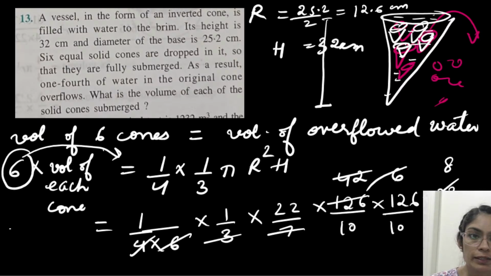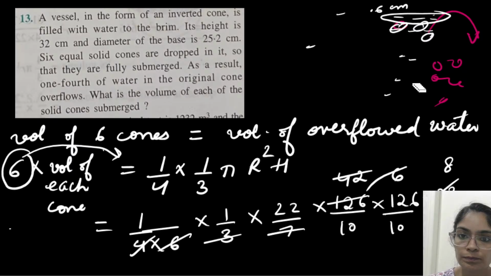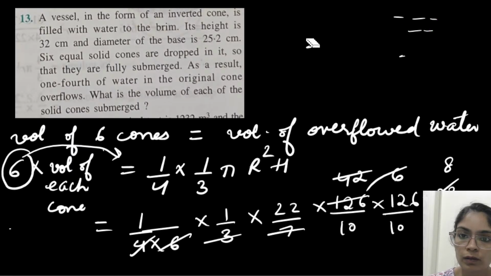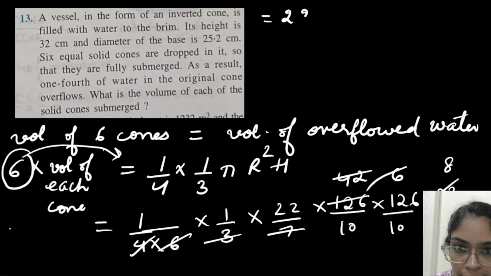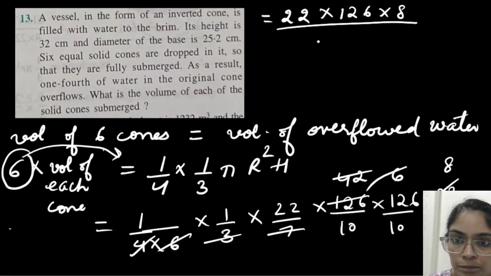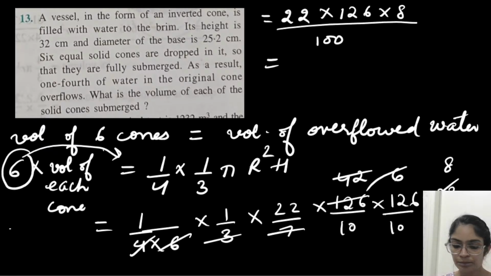So I'll just rewrite what I am left with. 22 is there because here everything got cancelled. After 22, I am left with 126 into 8/100. Just multiply this and tell me the answer.